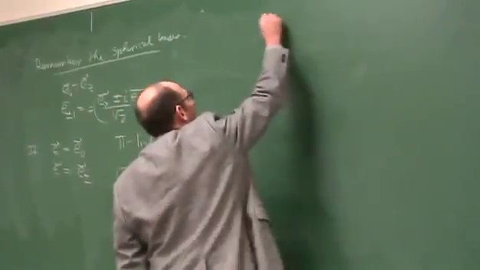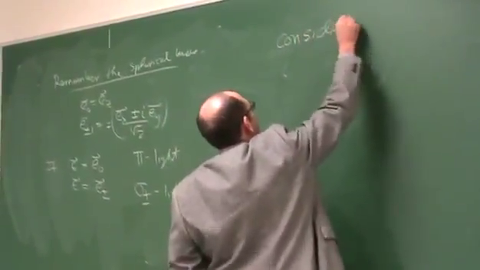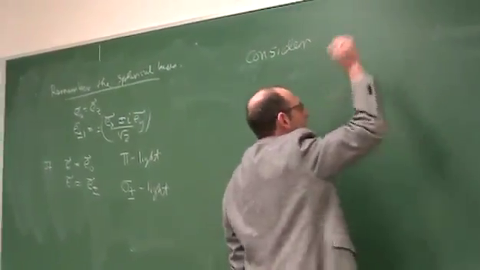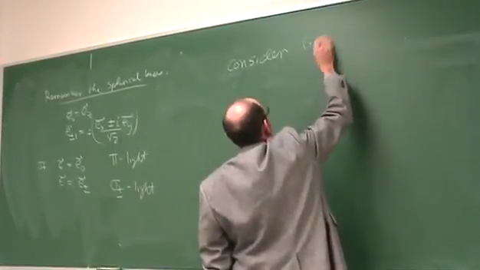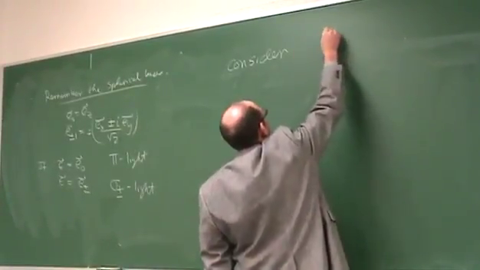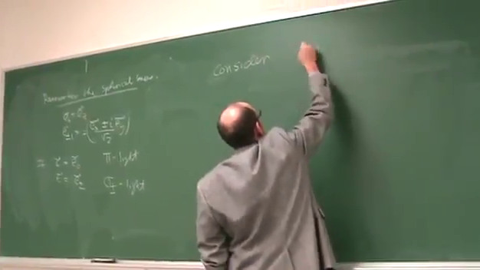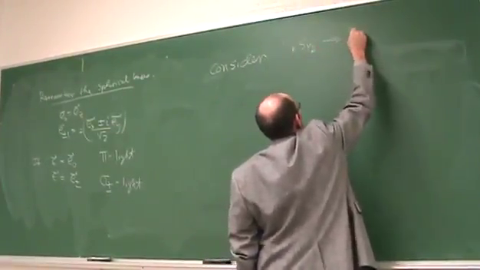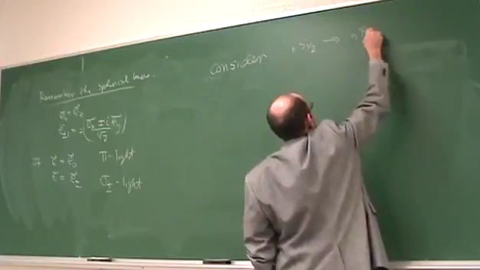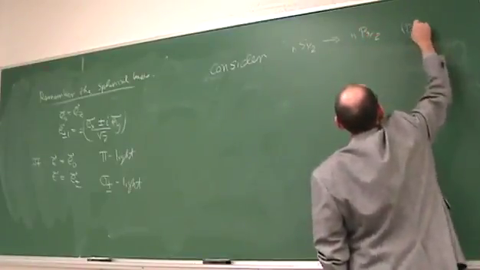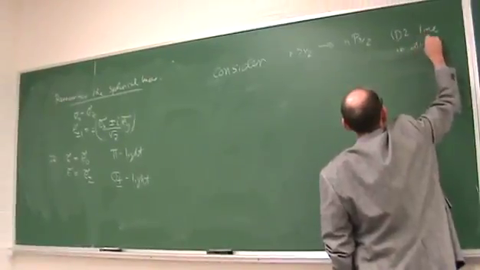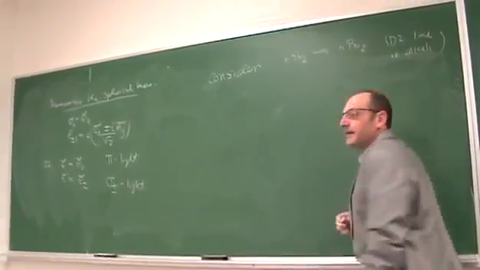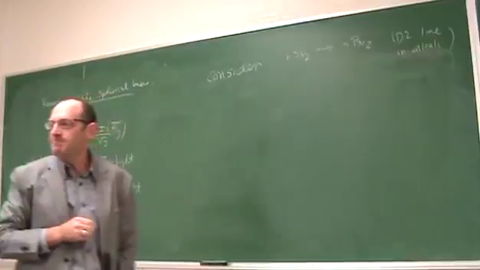Let's consider the following problem. Let's suppose I'm going to ignore the nuclear spin. So I'm going to look at an S1/2 to P3/2 transition, kind of a D2 line in an alkali, ignoring the nuclear spin. Okay?